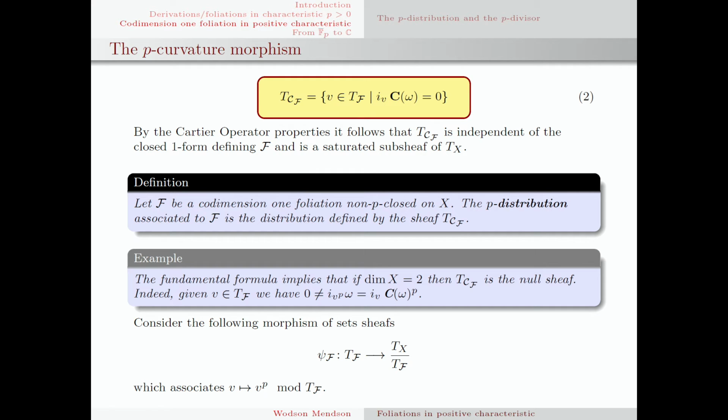We know that there is one vector field whose p power is not tangent to the foliation, assuming that the foliation is not p-closed. And this p-distribution is the set of vector fields such that the p power is tangent to the foliation. So this is the kind of part of the p-closedness.